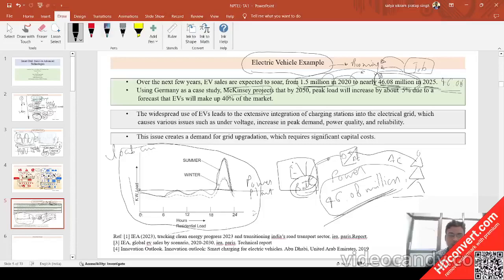If EVs come into the market at a huge level, this peak, suppose at 8 or 9 p.m., will go to a very high level. This means you need more power generation sources. How should you do that? There is a certain methodology to do that.